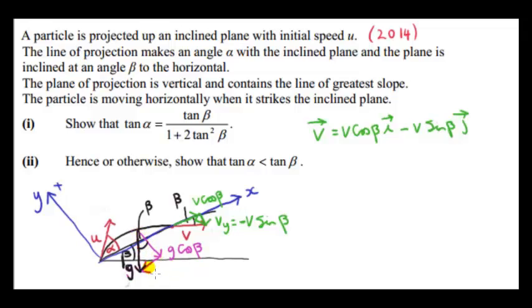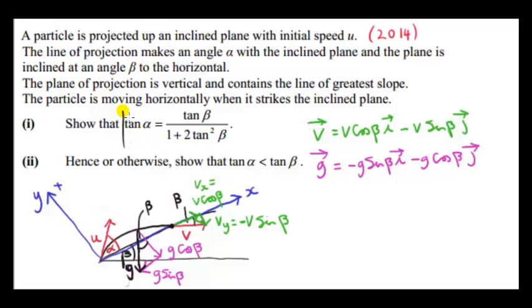It's adjacent to angle beta, and the x component is opposite angle beta, so its magnitude is g sine beta. So I'm just writing in the magnitudes here. So here's our g vector written in terms of the xy coordinates. Both components are negative in terms of this particular set of xy coordinates.